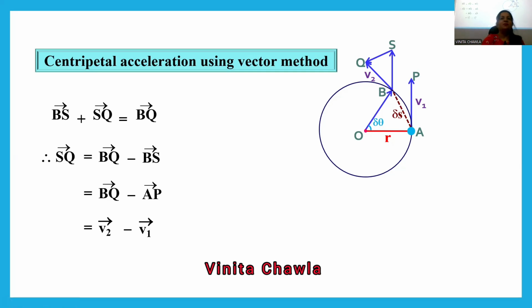So it's vector V2 minus vector V1. SQ is vector V2 minus vector V1. Vector BQ is V2 and vector AP is V1. These are the velocity vectors.